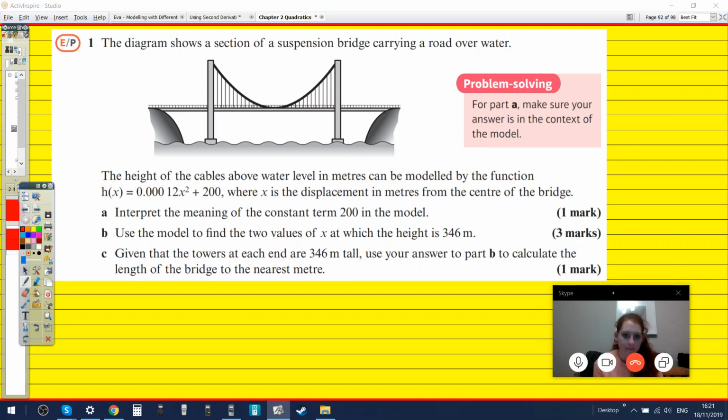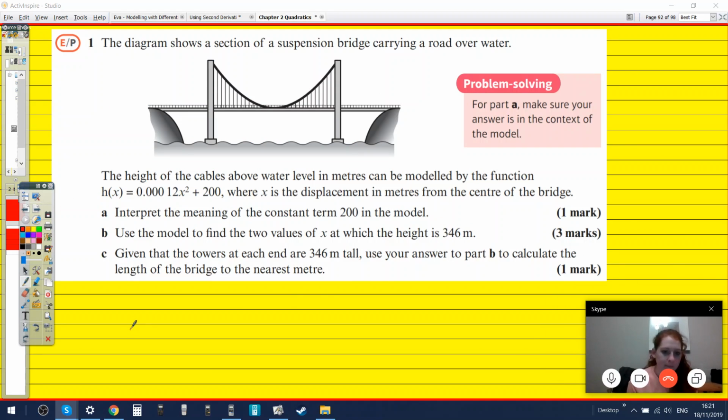Okay, exam question. Let's try it. So the 200 would be the smallest height of the cables above water level. Yep.